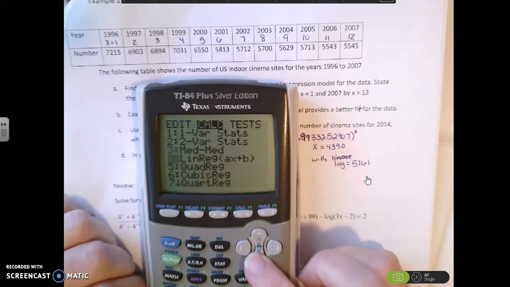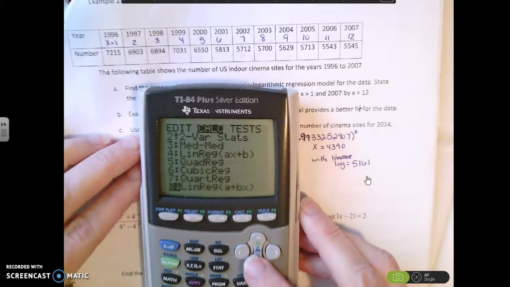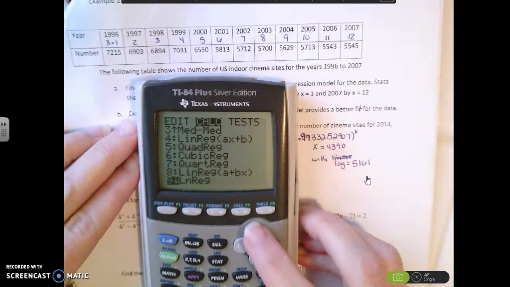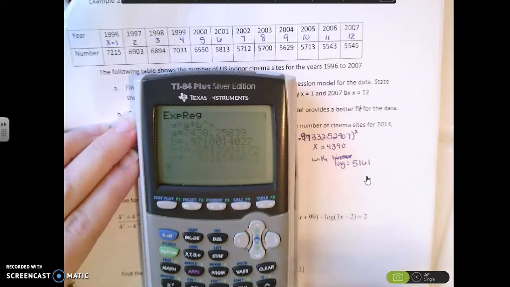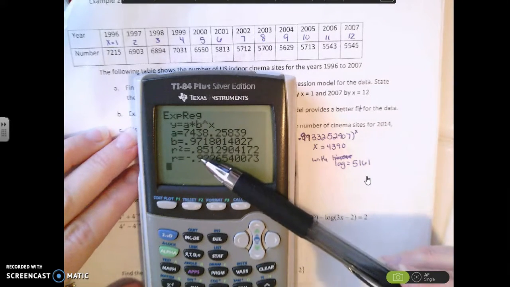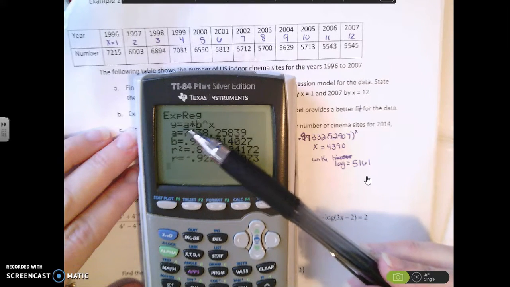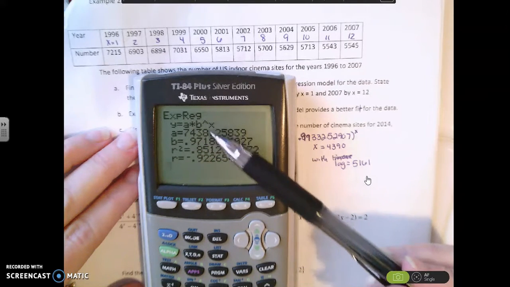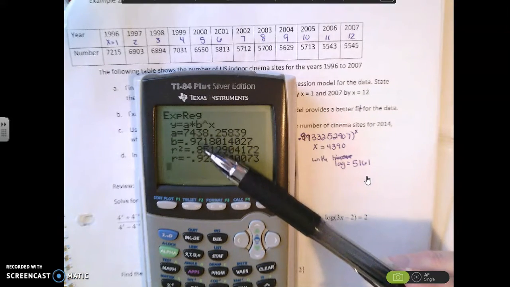So I go to Calc, and I told you to look at the exponential and the logarithmic. So we're going to look at the exponential first. When we look at exponential, we'll notice our correlation coefficient is 0.85. It would be in the form of a times b raised to the x, where a is 7,438 and b is 0.97.